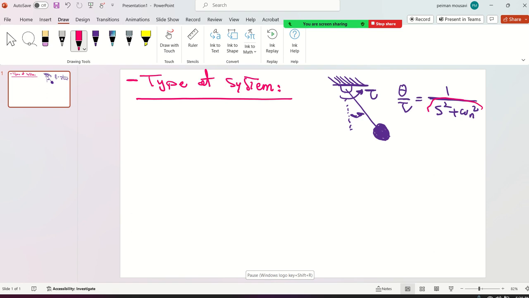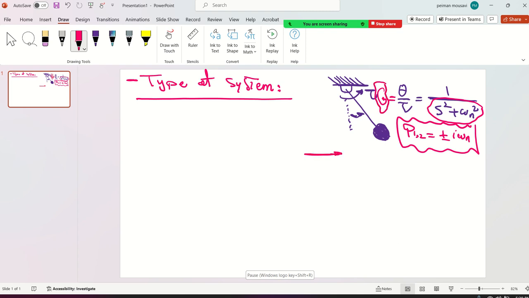Now you know you have two poles on the imaginary axis, plus minus i omega n, which means your system is marginally stable. This is the open loop transfer function G. This is what I want to remind you of now.